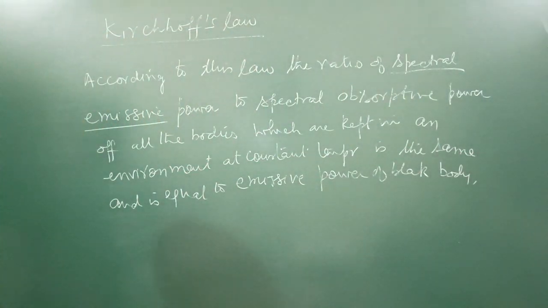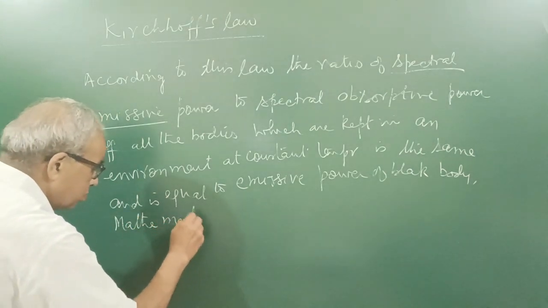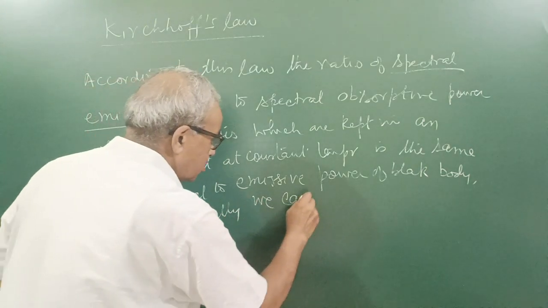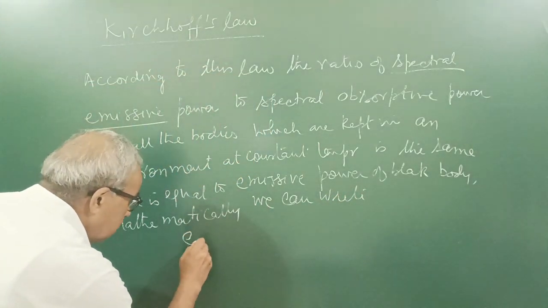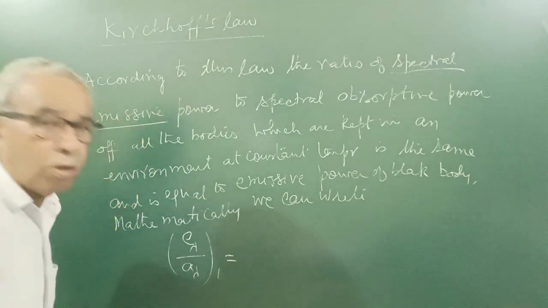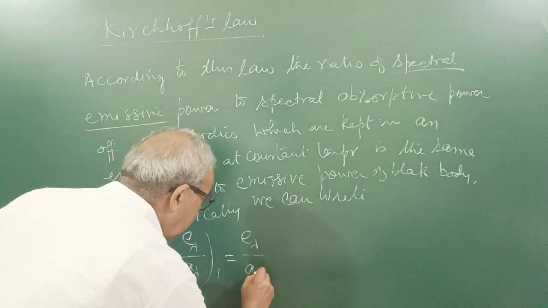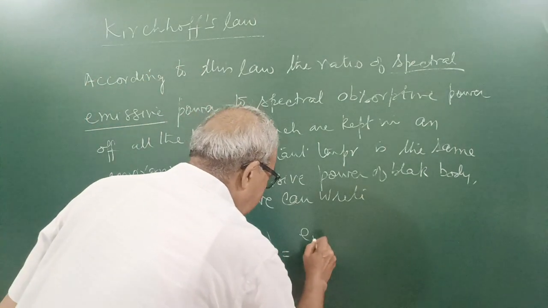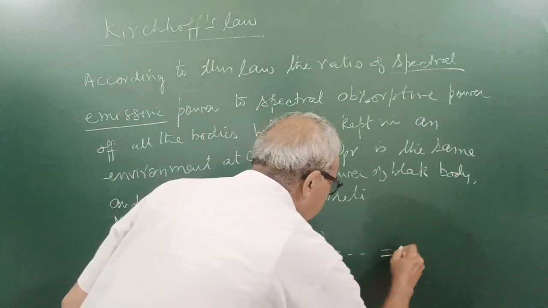And mathematically we can write E lambda upon A lambda of body 1 is equal to E lambda upon A lambda of body 2 is equal to E lambda upon A lambda of body 3, and so on, is equal to capital E lambda.